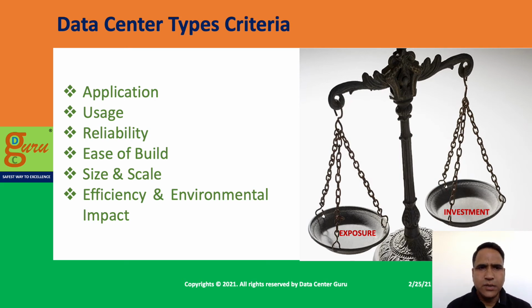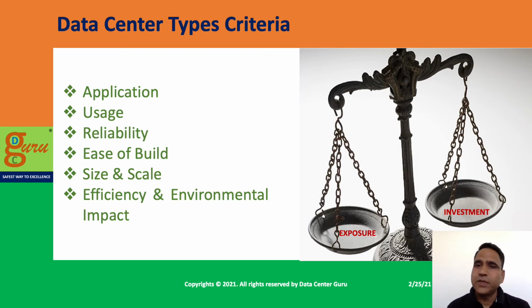Then size and scale. Based on the size and scale, there are different kinds of data center: we call it captive data center, multi-tenant data center, or co-location data center, cloud data center, edge data centers. Obviously there are different sizes, and even hyperscale data centers for larger ones.